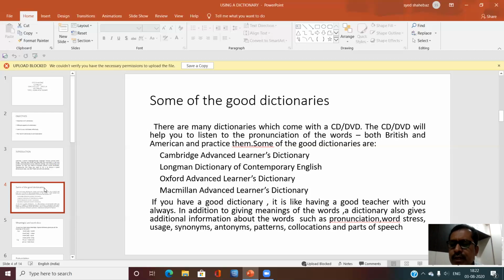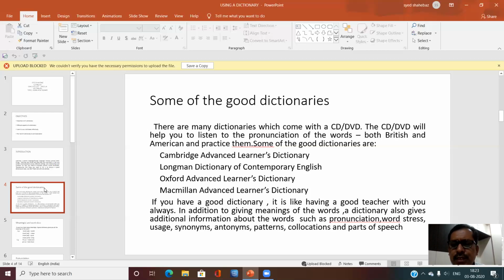So every student has to buy one dictionary from these four dictionaries. This is mandatory, compulsory. There is no option at all.